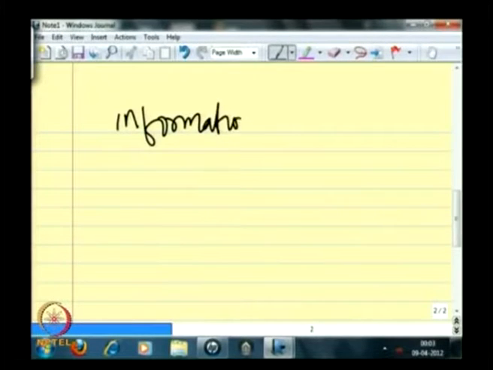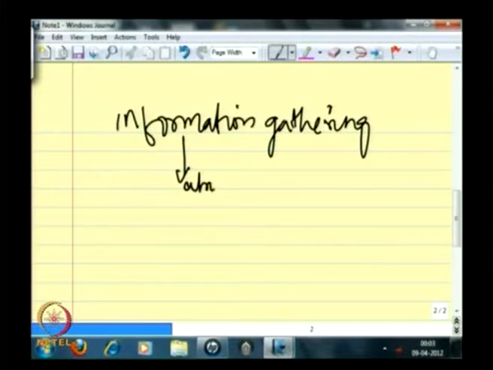So, the information is critical not only for those who are inside the business organization, but also outside the business organization. So, in essence, this information gathering is a big exercise by itself, and this information is about resources that are being consumed.